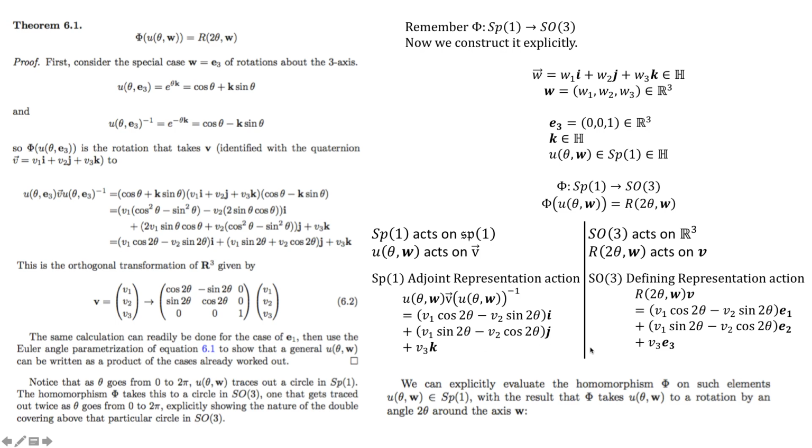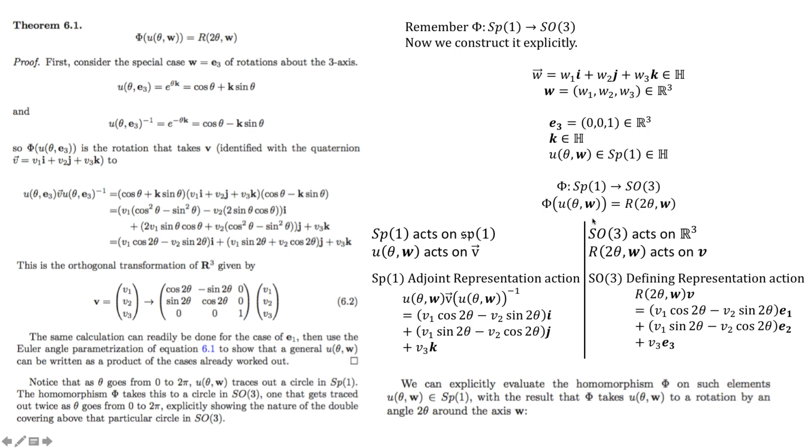We see the correspondence between the adjoint representation of SP1 and the defining representation of SO3. Because U theta W and R theta W act on V arrow and V bolded in a very similar fashion, if we identify V arrow with the bolded V, we have explicitly constructed a map from SP1 to SO3, given by this.